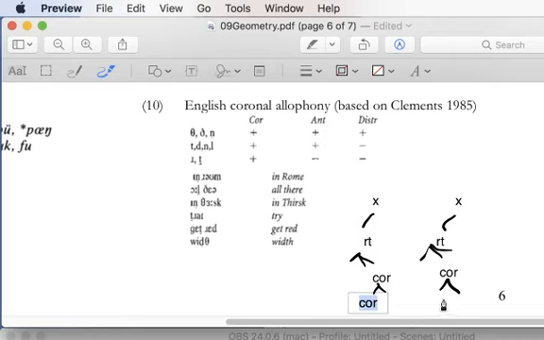So for instance, in the case of, say, in Thirsk, that n is going to be plus anterior and minus distributed because it's alveolar. And the following th sound is going to be plus anterior and plus distributed because it's a dental sound.